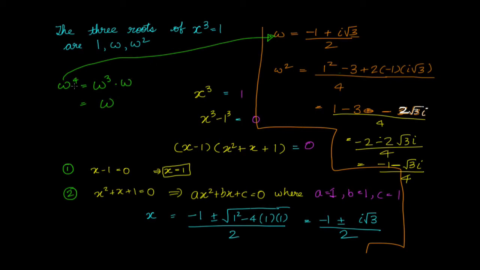I can take omega as minus also. Why we write them as omega and omega square is because if we take omega as minus 1 minus i root 3 by 2, then omega square would come out to be what we just took as omega now. So therefore the three cube roots of 1 are 1, omega, and omega square.